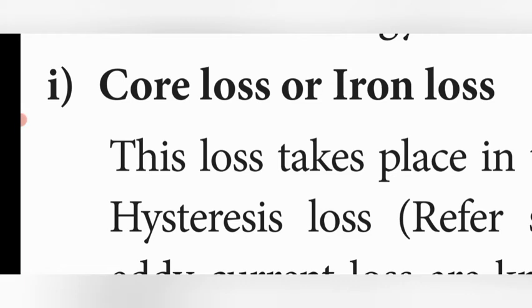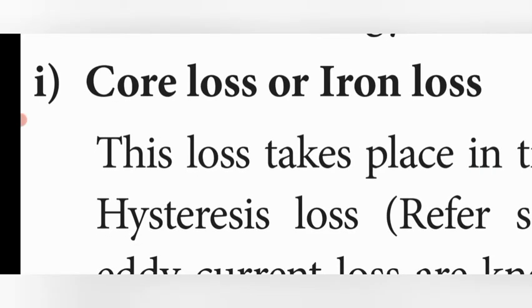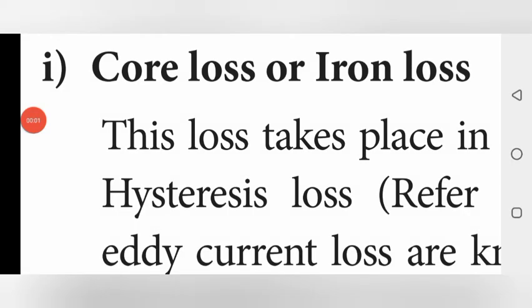And also there is the eddy loss. Eddy loss means eddy current is produced in the sheet-like structure of a conductor. The direction of the eddy current is in concentric ring-like structures, ending at the center of the sheet.